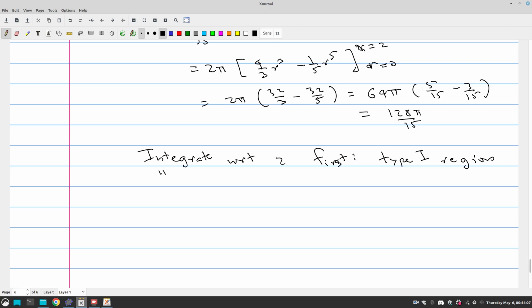If you want to integrate with respect to x first, you have a type 2 region. And if you want to integrate with respect to y first, then you have a type 3 region. Okay.